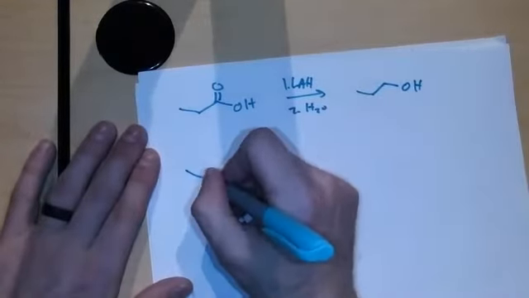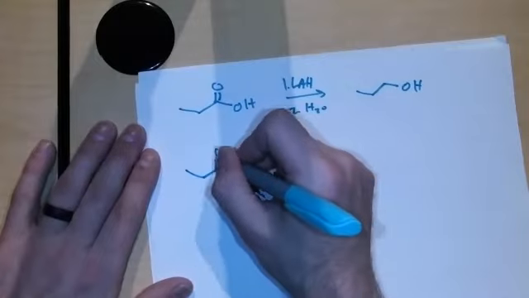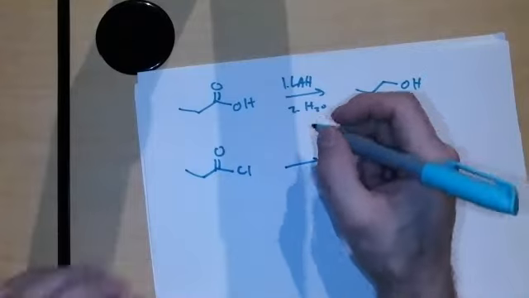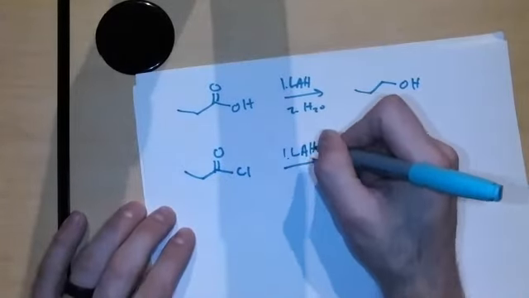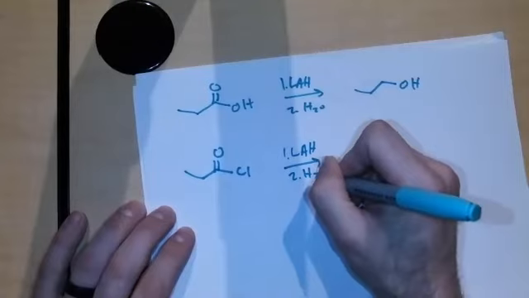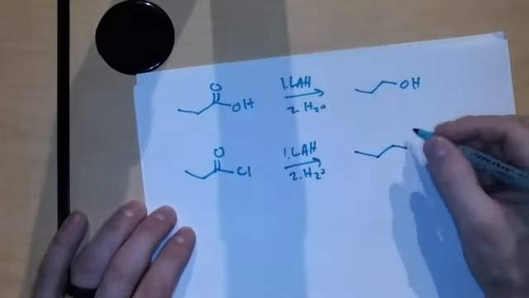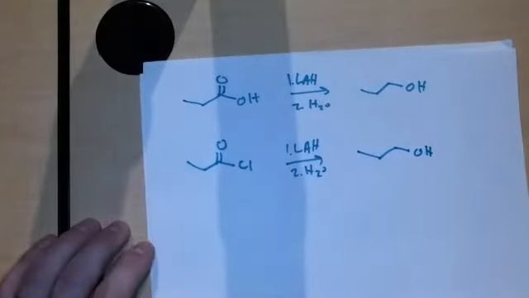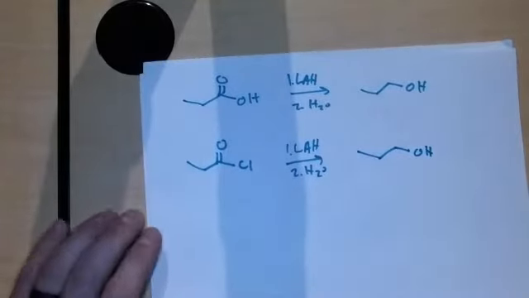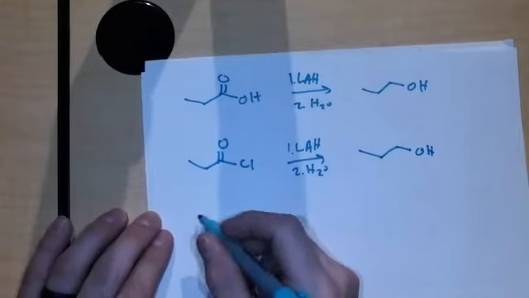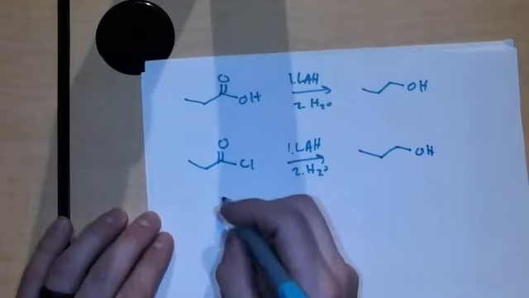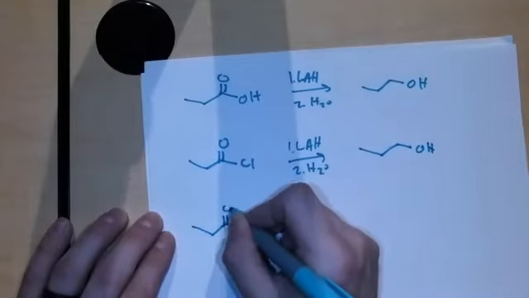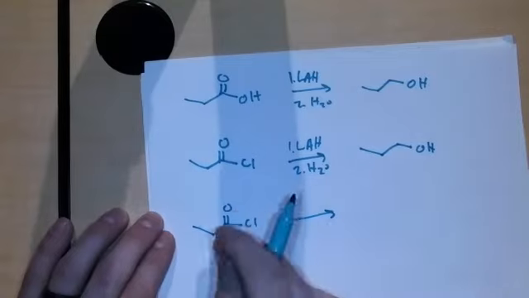If you do it with an acid chloride, this will also reduce it. We could also throw in a hindered version of LAH, and this is only going to work with this acid chloride here.